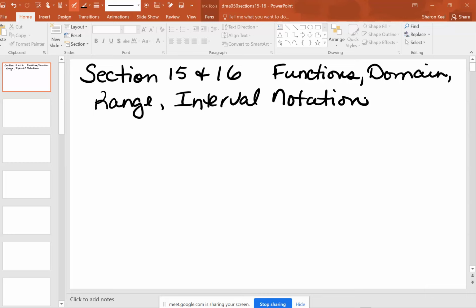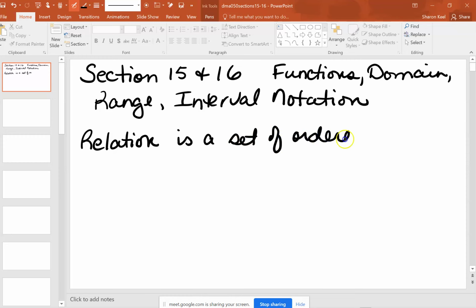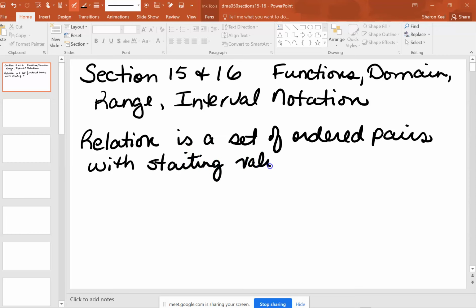A function, okay, let's start with the term relation first. We'll start with relation as our first term. A relation is a set of ordered pairs with starting values called inputs.